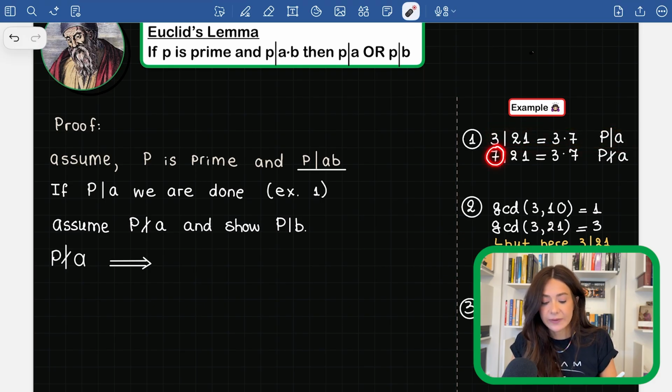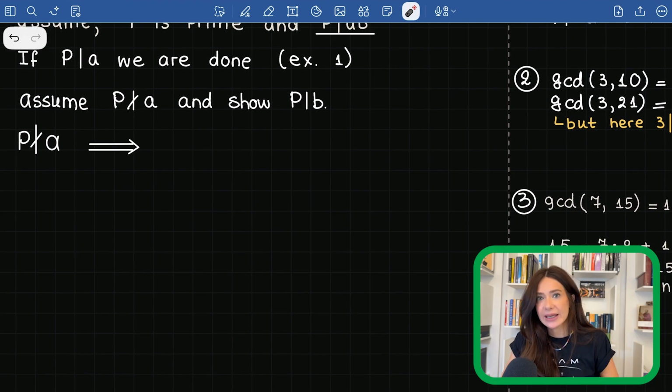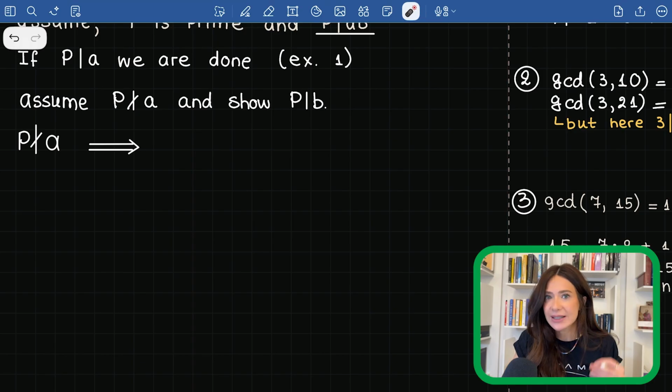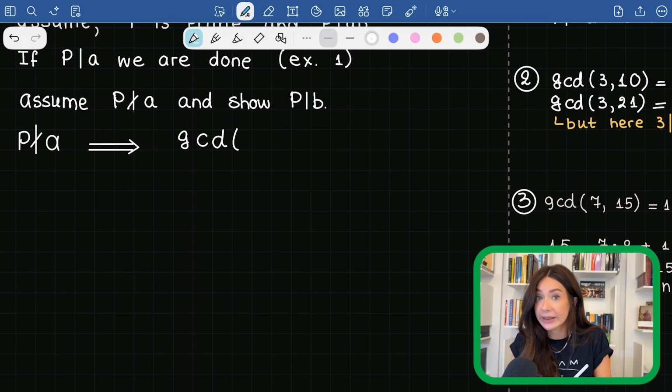And in this case, if I chose 7 to be my prime, 7 doesn't divide a, and I'm hoping to show that 7 divides b, right? So that's where we're at. Now, what can we say about p doesn't divide a? What does that mean? That means that I'm going to have to make some claim about their greatest common divisor, because obviously I need Bézout's identity next. So p and a.